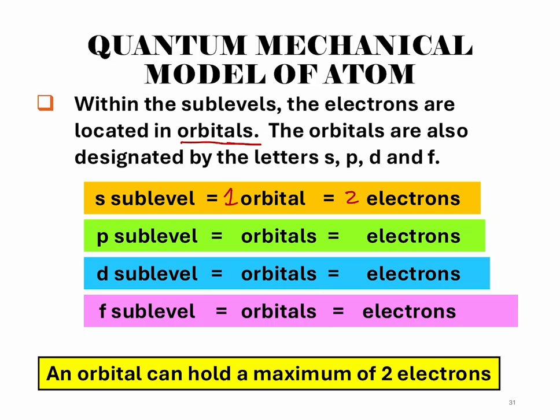The p sublevel will have 3 orbitals that can hold 6 electrons. The d sublevel has 5 orbitals that can hold 10 electrons, and F is going to be 7 orbitals that holds 14 electrons.